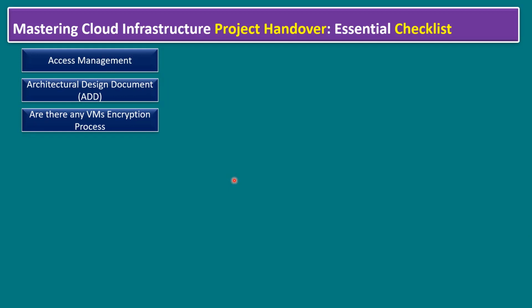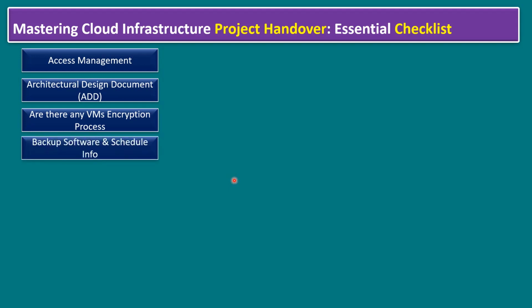Using KMS servers also, we can do encryption on our production servers, either a web server, app server, or database server. Generally encryption is recommended to be enabled for database servers. It depends on the company, case by case, depending on the company's security regulations. We will apply an encryption process. So while you are handing over, you should have this information.